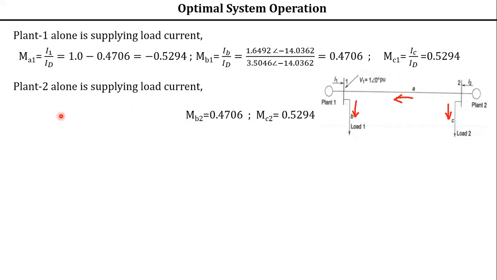Can anyone tell? See, the current distribution factor when plant 2 alone is acting, for B and C is the same, but for A we have to find it out. Now, what is the MA2 value?